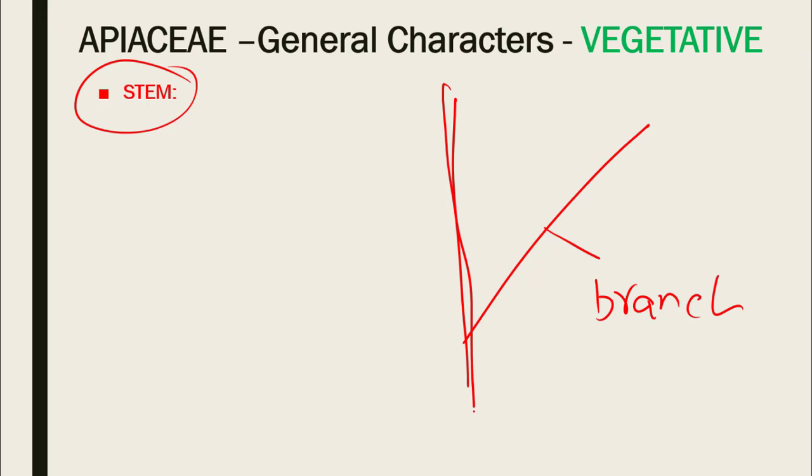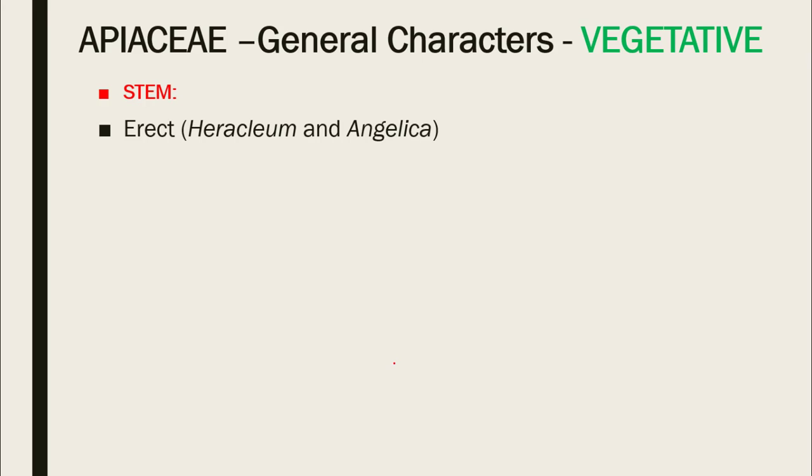So this is the stem, the aerial part of the plant, which usually grows erect, but it may be climbing or it may be a trailer and so forth. So stem is mostly erect. These are a few examples like Heracleum and Angelica. You can give any one example, even carrot and coriander, which are the common plants in our area.